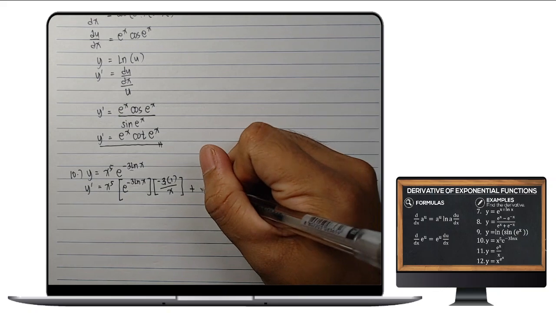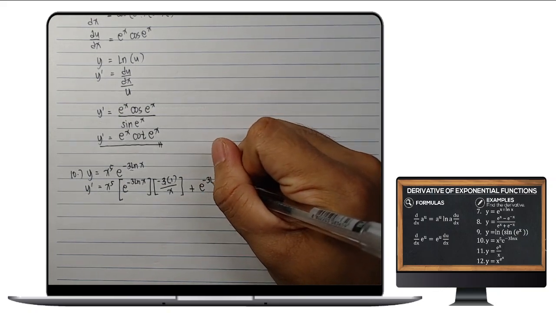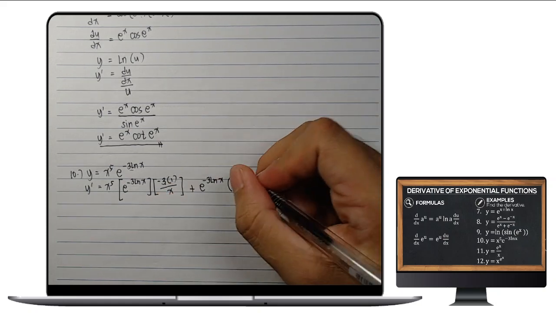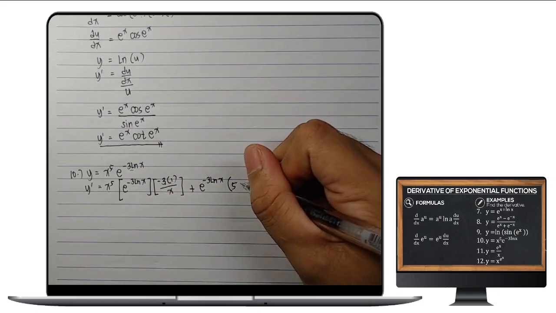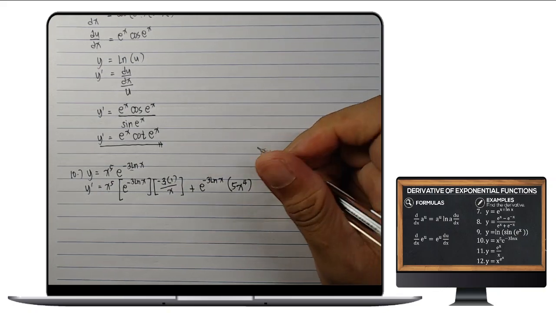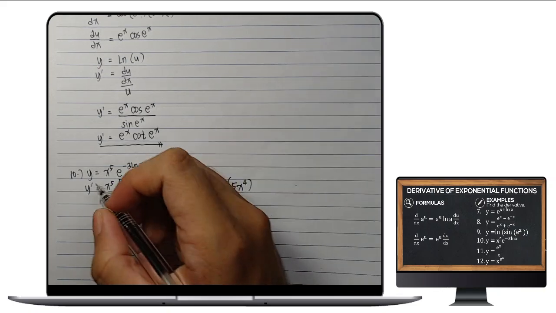Plus, copy e raised to negative 3 ln of x multiplied by the derivative of x raised to 5, which is 5x raised to 4. So let's simplify this.